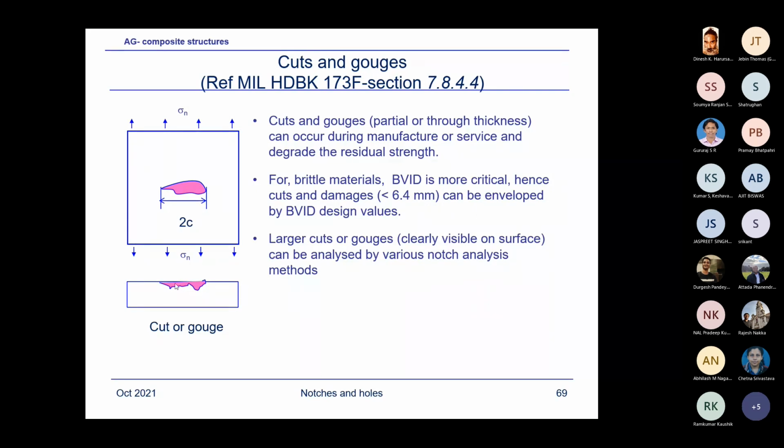So you reanalyze the laminate. Suppose you have an 8-ply laminate and 2 plies are damaged, you will consider, okay, I can analyze with 6 plies only and see whether the residual strength is meeting my design criteria or not. Otherwise, you might have to repair, replace the layer, and put up a scarf patch.